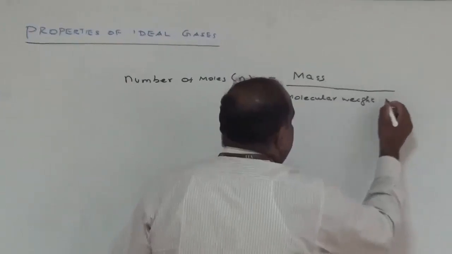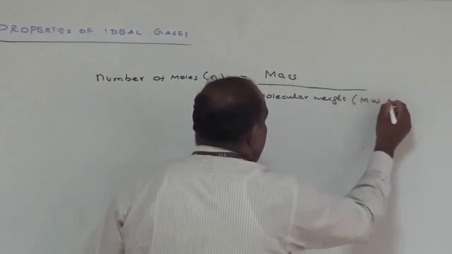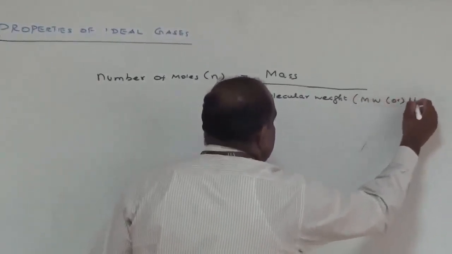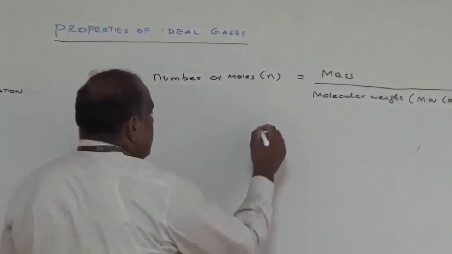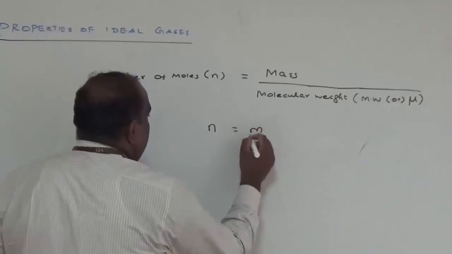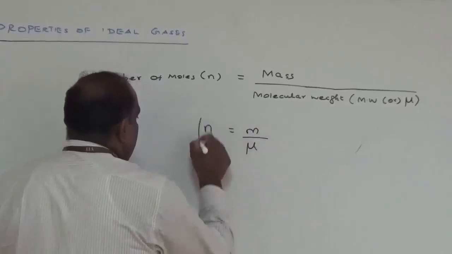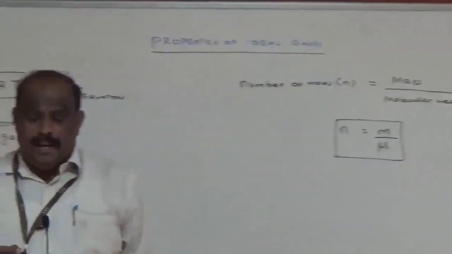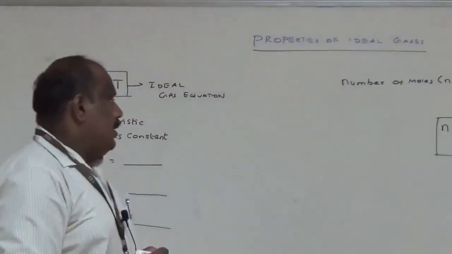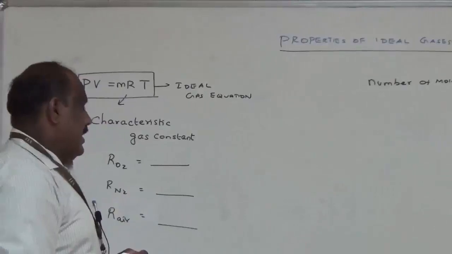This molecular weight can be denoted either as M.W. or by a symbol called mu. So generally we define n equal to m by mu, where n is the number of moles, m is the mass and mu is the molecular weight of a particular gas.